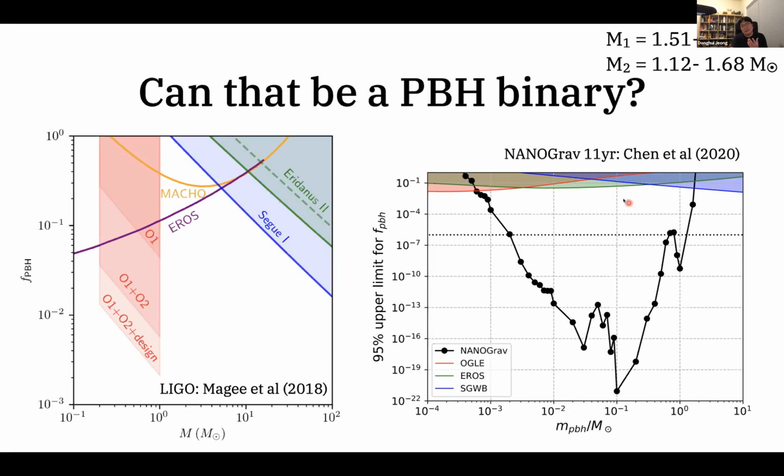And the right-hand side is an interesting constraint from the lack of detection of a stochastic gravitational wave background by NANOGrav. NANOGrav is a pulsar timing array observation, and we use the fact that pulsars are extremely accurate clocks to monitor the timing of the pulsars for about 11 years. One year is about 10 to the 7 seconds, so they are sensitive to about 10 to the negative 8 hertz, very long wavelength gravitational waves, but they haven't detected anything.